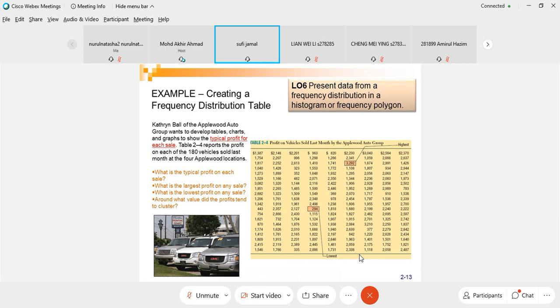See here number 1 kan, ada nombor 1 ni. Sini 443 ada 1. Ini ada 2. Ini 3. Ini 4. Ini ada 5. Ini ada 6.